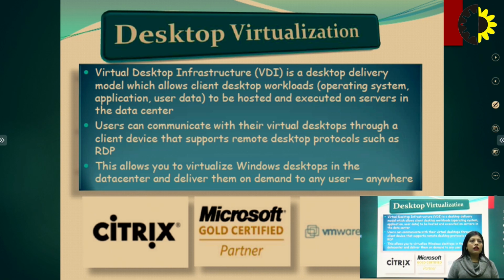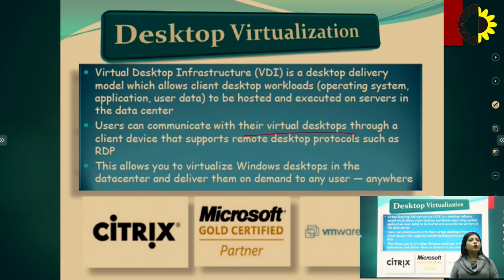In this, virtual desktop infrastructure is the desktop delivery model, which allows client desktop workloads to be hosted and executed on servers in the data center, and users can communicate with their virtual desktop through a client device that supports remote desktop protocols such as RDP.